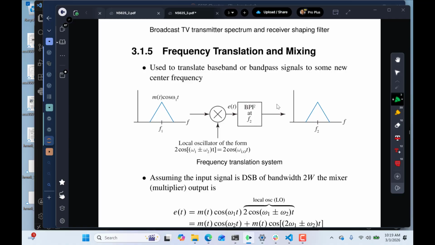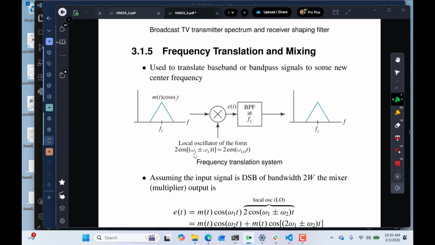Okay, spend just a few minutes on this idea because it's important for what's coming up in the lab today, I believe. Frequency translation and mixing. This is a bread and butter topic of communication systems everywhere, where you bring in a signal maybe on frequency F1 and you want to move it to a new frequency. So what we do is we multiply by a local oscillator, a signal that's going to shift the frequency.